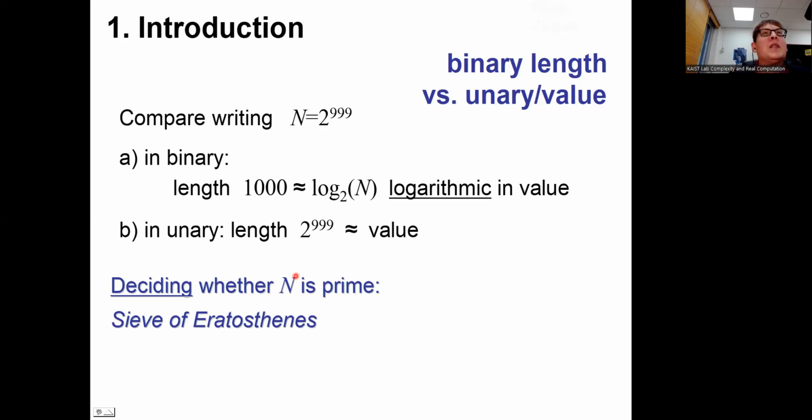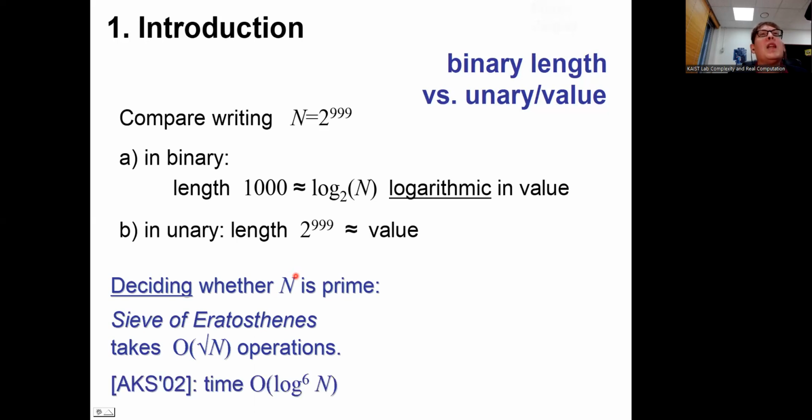Because otherwise there would be a complementary prime factor. So this means it takes a number of operations which is roughly the square root of n, but n is the value of the argument here, right? So this looks like it's sublinear, but it is sublinear in the value, not in the binary length.